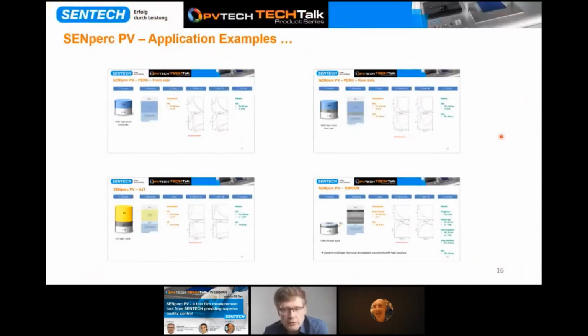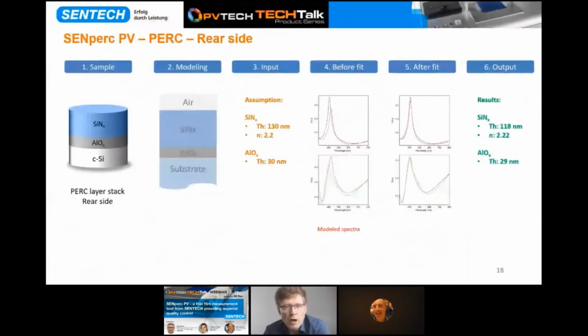Having a look into the second example of a PERC cell on the rear side, where we have a double layer stack on a crystalline silicon, we put in the values for the aluminum oxide film of 30 nanometers, which will be the typical range from about 10 to 30 nanometers for aluminum oxide, covered by a silicon nitride of about 130 nanometers with a high refractive index of 2.2.